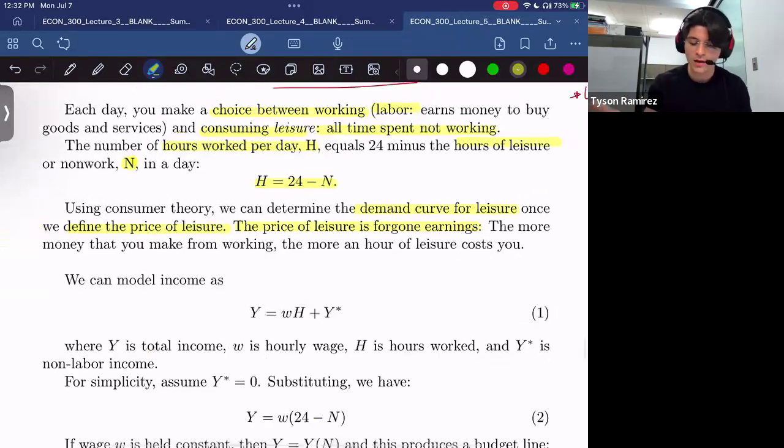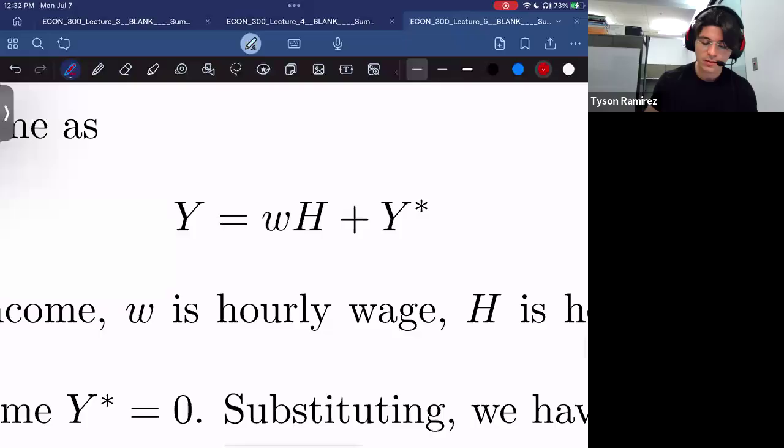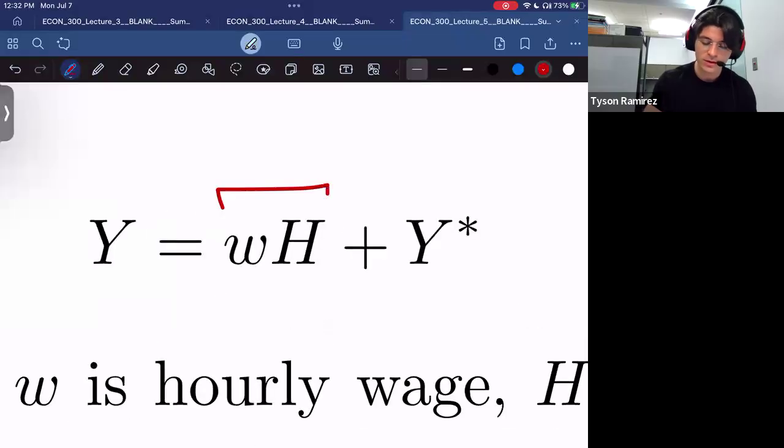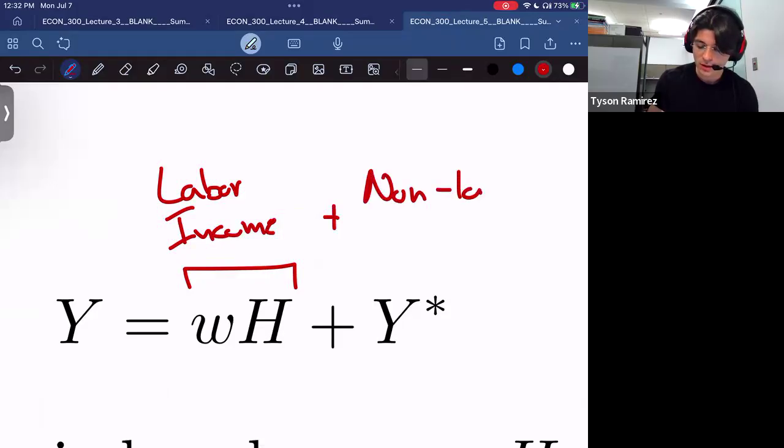So the more money that you make from working, the more money an hour of chilling costs you. So if we give this equation to represent income, where Y is total income, well, we have our hourly income. This is our labor income. We have our labor income plus our non-labor income. This is kind of a simplifying assumption, right?